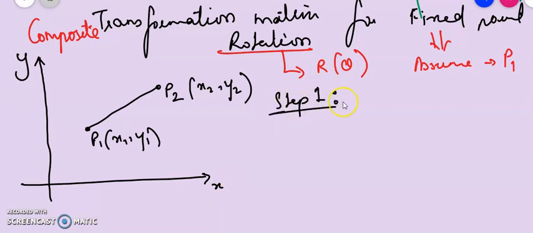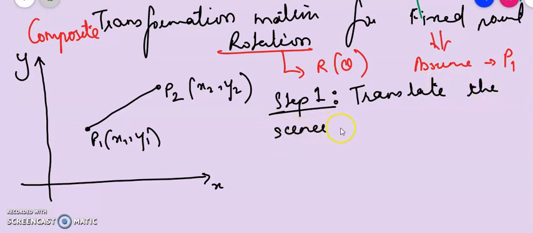Step number one: whenever we do a reference point rotation or a fixed point rotation, I need to get the whole scene to origin by the P1 point. So my step number one says that I need to translate the scene to origin by P1.